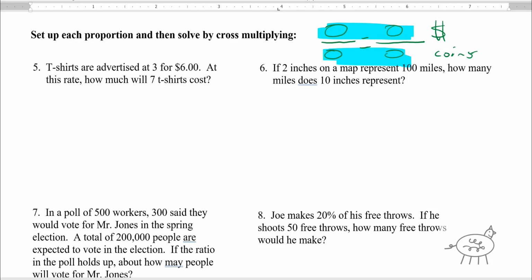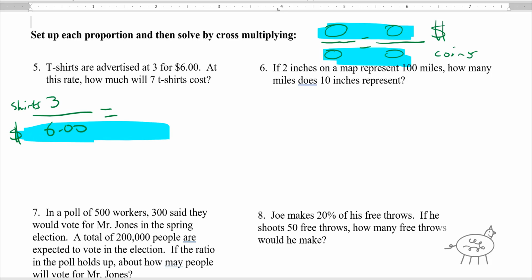T-shirts are advertised at 3 shirts, so I'm going to put a 3 here, for $6. So notice on the top I have shirts, and the bottom I have dollars. Equals, it says at this rate, how much will 7 shirts cost? Understand that on the bottom I have dollars, so that's what I'm asking for.